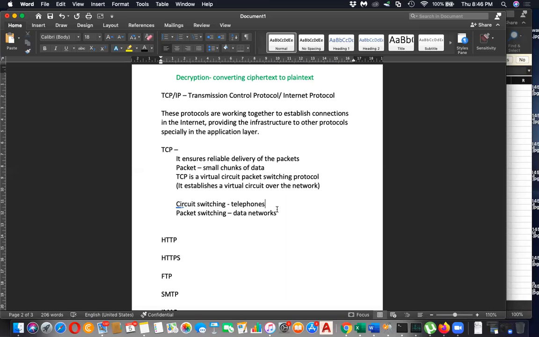In packet switching, is it the same? When you are downloading from YouTube or watching a movie, can you download a torrent movie? When you are watching a movie, can you listen to music streaming? Yes, it's possible.